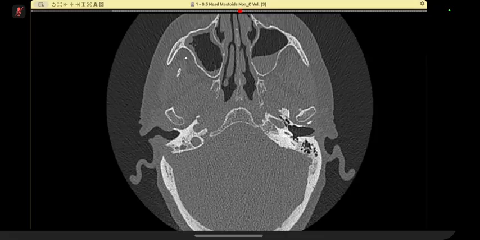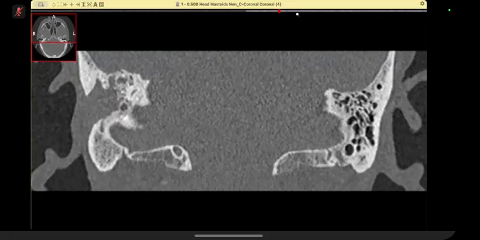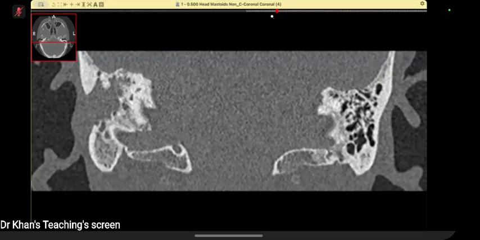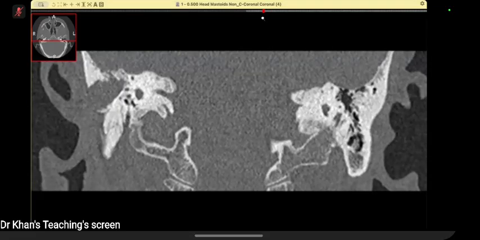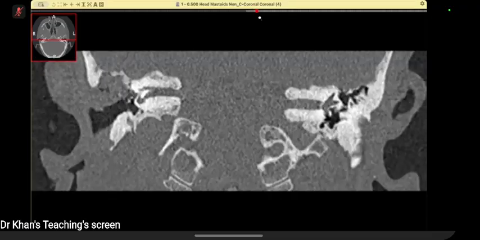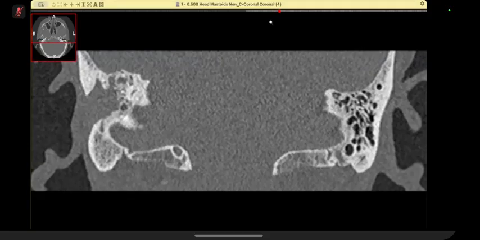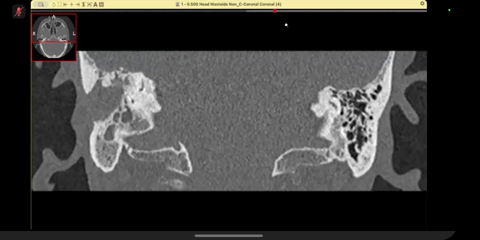So can I see the coronal view? Okay, this is the coronal view, and I can see the inner ear structures. They appear unremarkable. There is irregularity of the tegmen tympani.